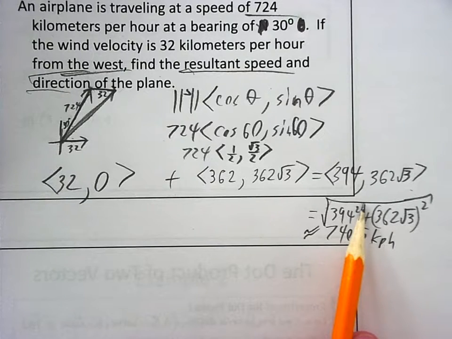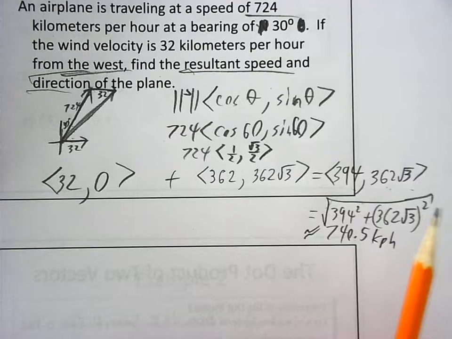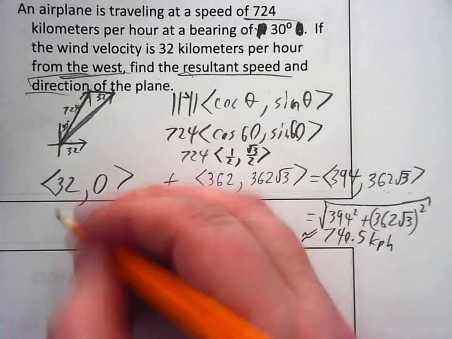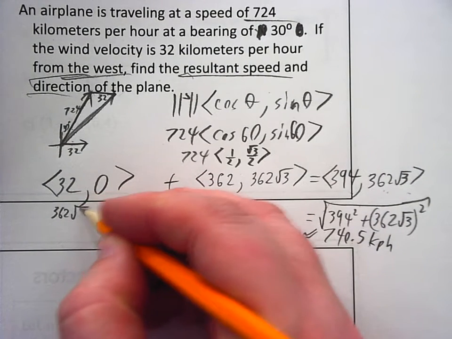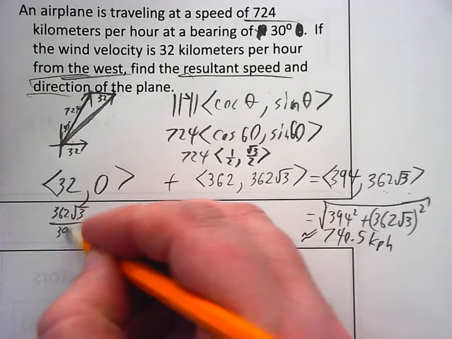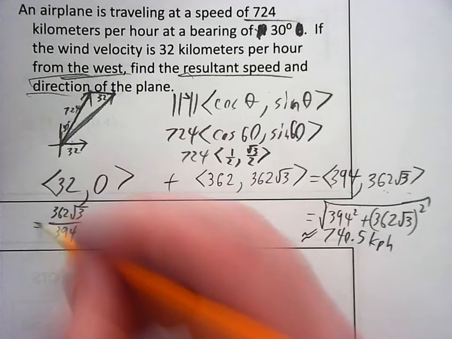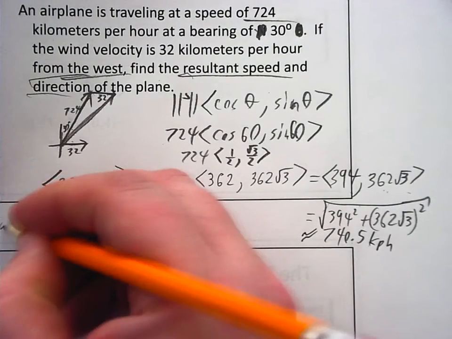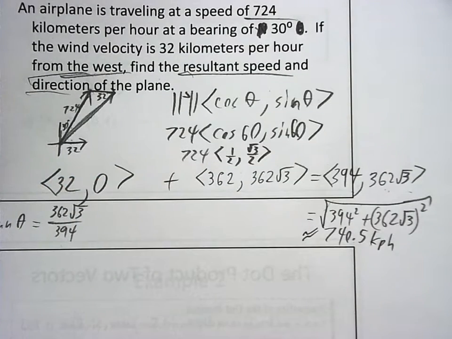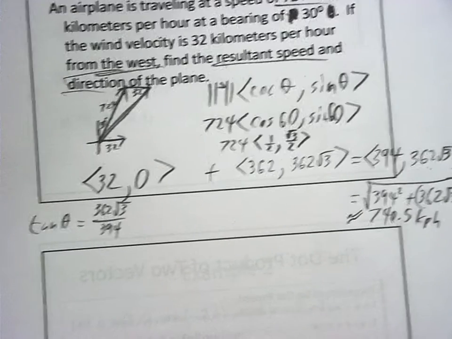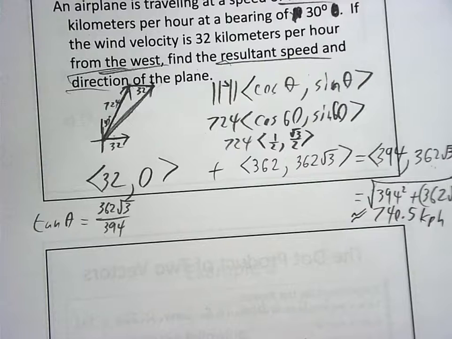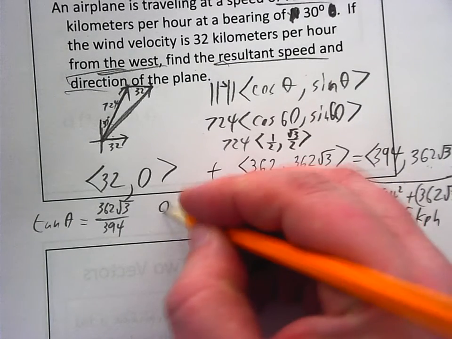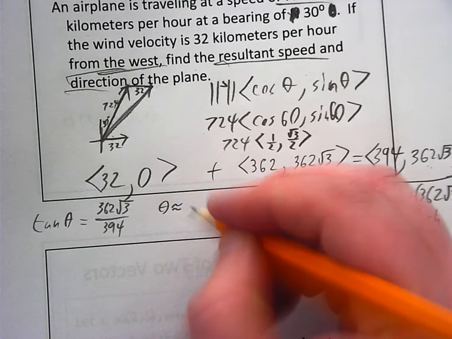Another way to describe that is rise and run. This is the slope. So if that's the slope, 362 square root of 3 over 394, what is that equal to? Tangent of the angle theta. So then all I need to do is inverse tangent. So the theta is approximately what?